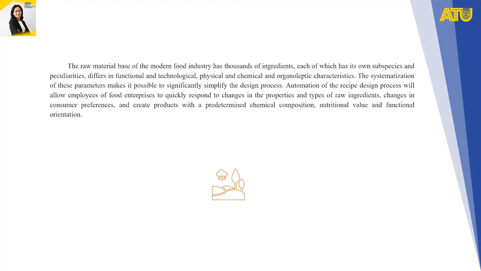The raw materials base of the modern food industry has thousands of ingredients, each of which has its own subspecies and properties and differs in functional and technological, physical and chemical, and organoleptic characteristics. The systematization of these parameters makes it possible to significantly simplify the design process.